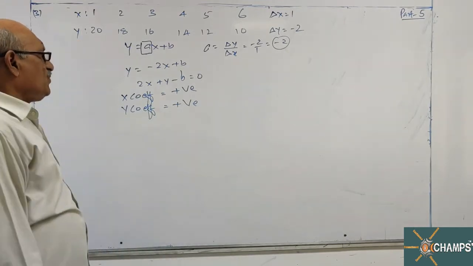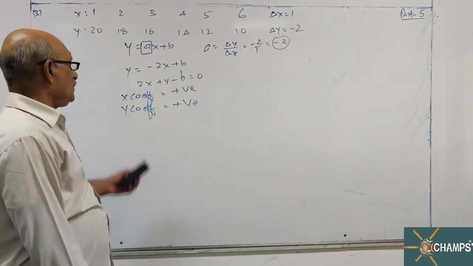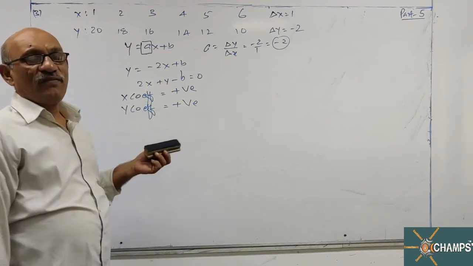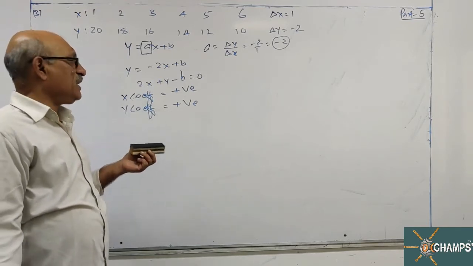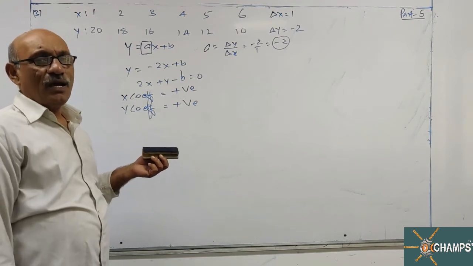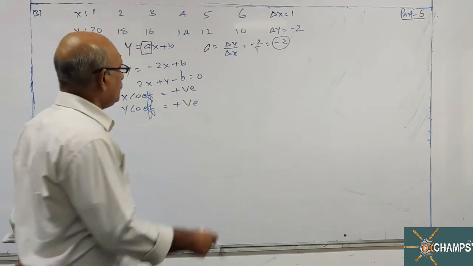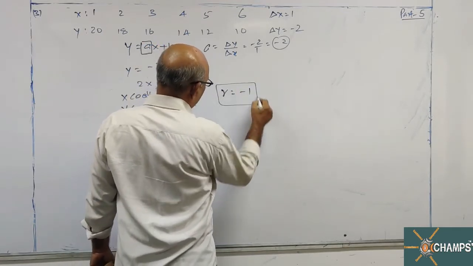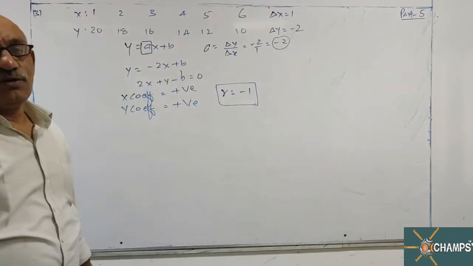When x coefficient and y coefficient have the same sign, r is minus 1. So r is equal to minus 1.